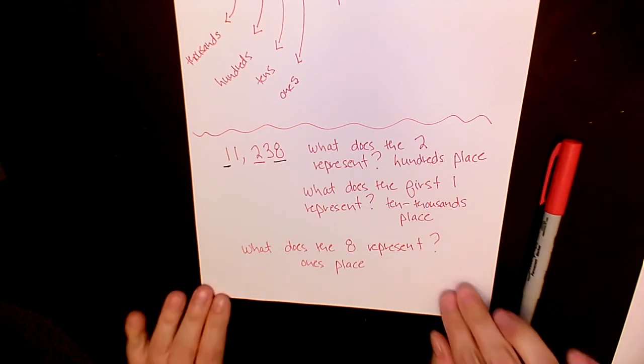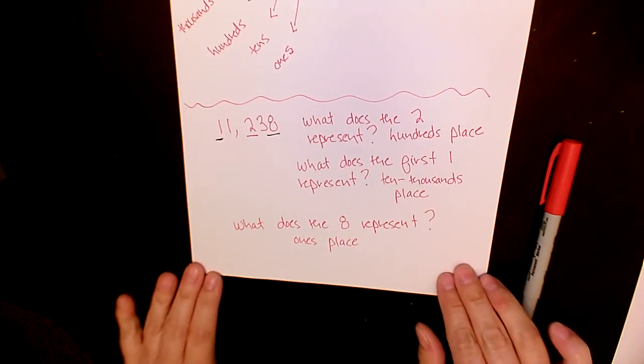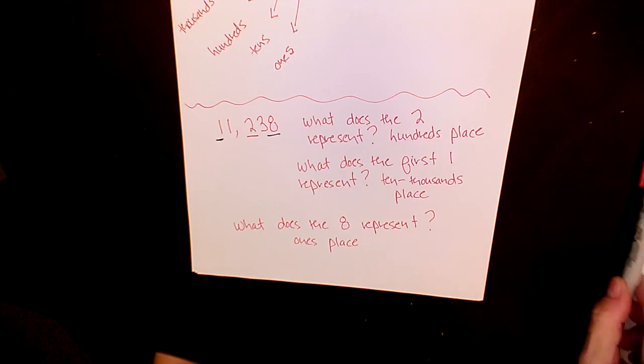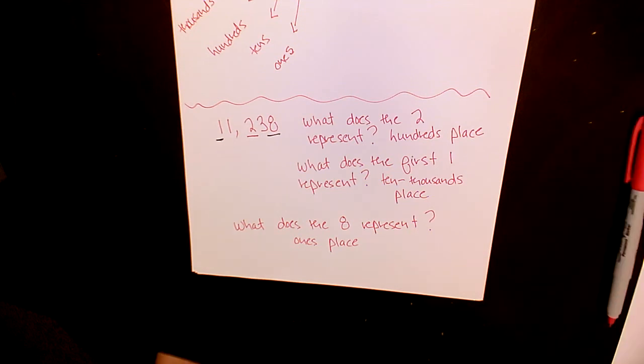So they're going to ask you on the homework to identify what place a certain number is in. They'll give you a whole number, and they'll give you a digit from the whole number, and they're going to ask you what each, or maybe one digit represents, or means, what place.